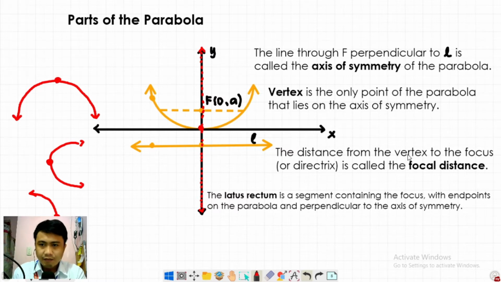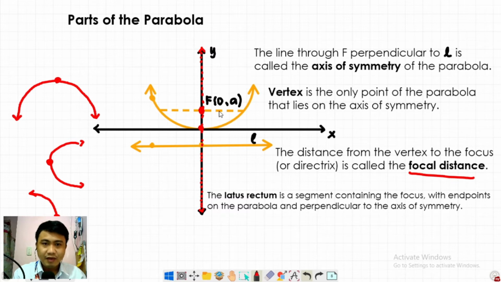So the distance from the vertex to the focus or directrix is called the focal distance. Okay, so mayroon tayong distance from the vertex to the focus, yung F natin, yung focus ng parabola at doon sa ating vertex. Ang tawag dyan, the focal distance.